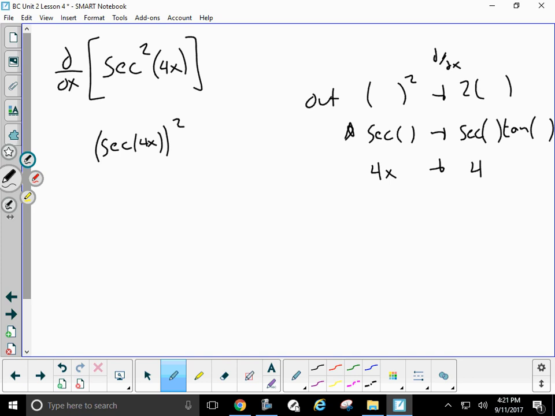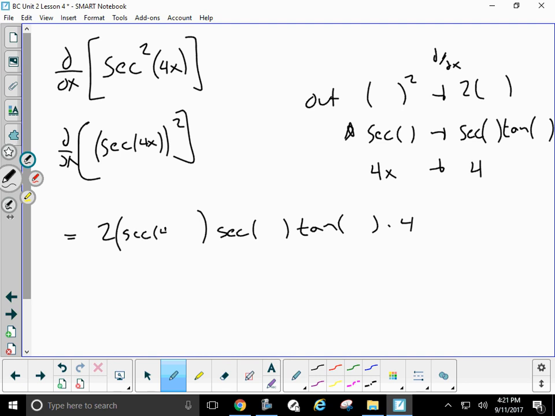Okay, so this derivative actually ends up looking like the following. 2 secant of, tangent of, and 4. You can multiply the 4 by this 2, which gives an 8. What is on the inside? This would be the secant of 4x.